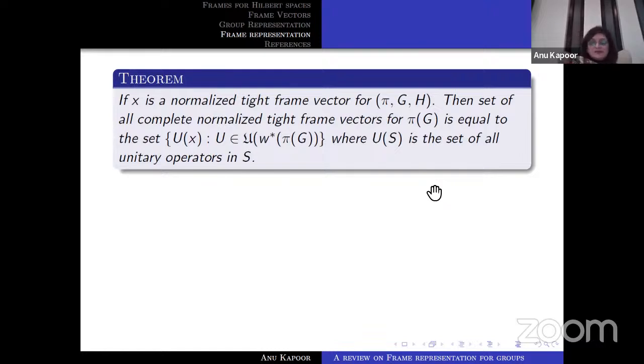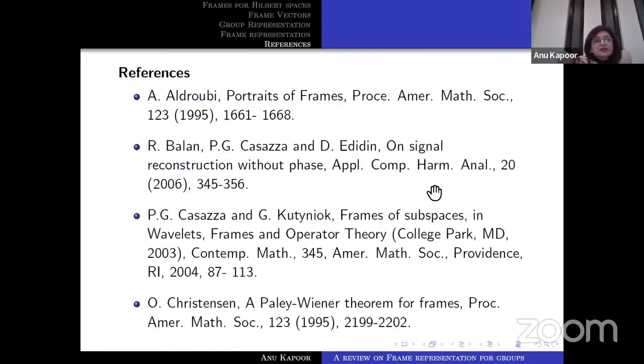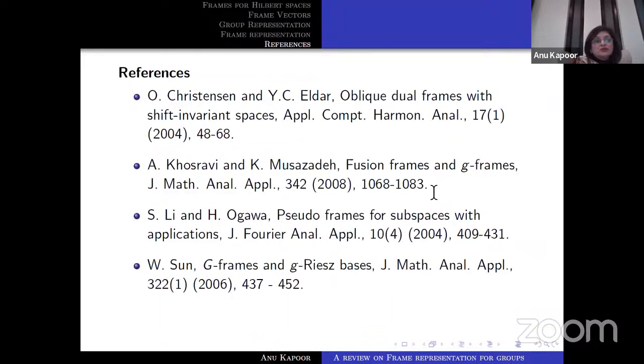Thank you. That is all from my side on the basics of group representation. And these are some of the references which I have gone through. Along with that, Dunn and Larson, which is the basic reference, introduced this concept of group representations.